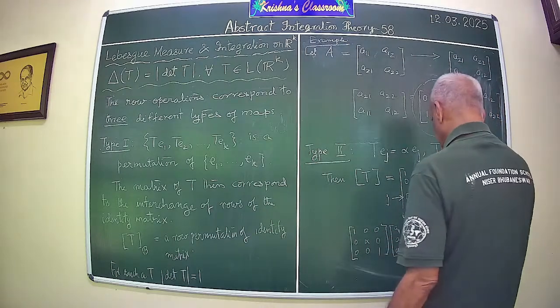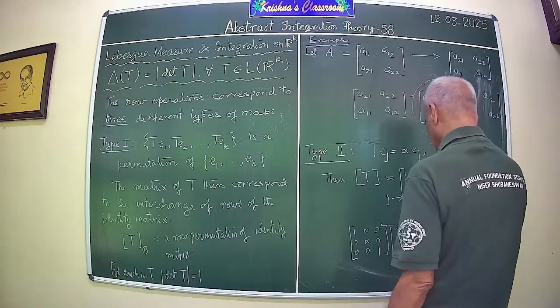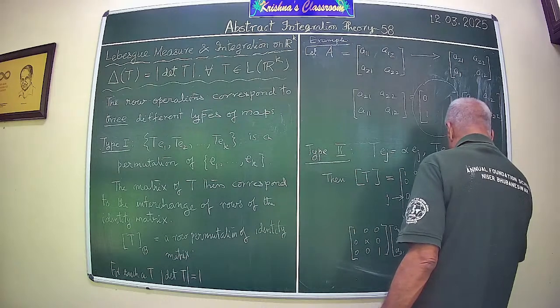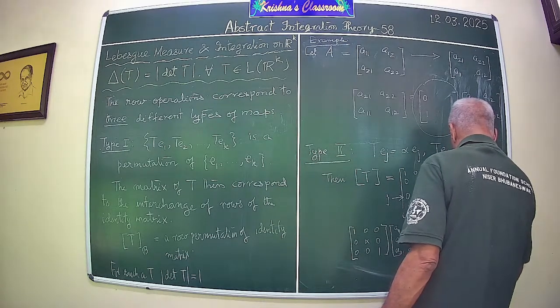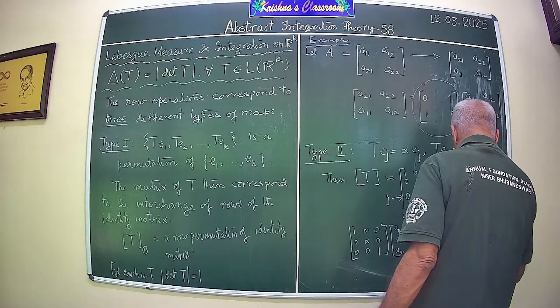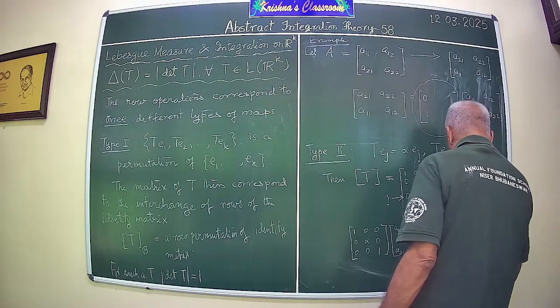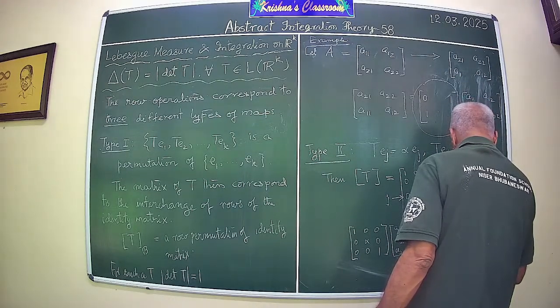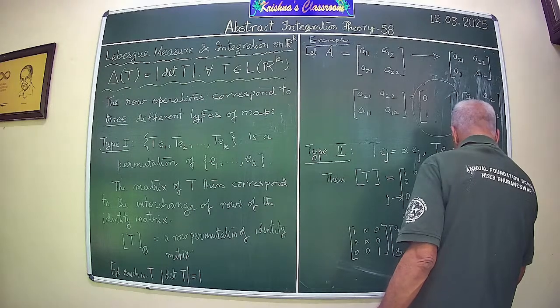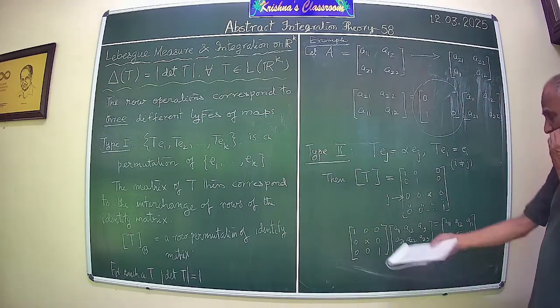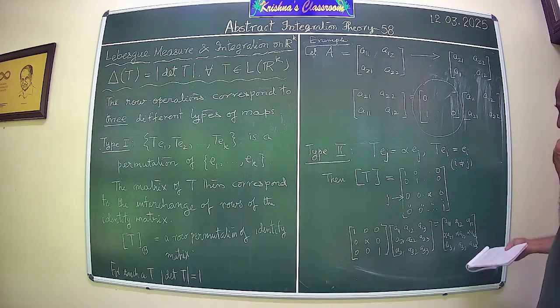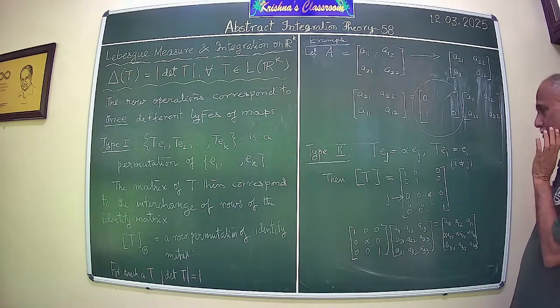Now what happens to this? Multiplication would give you alpha times A21, alpha times A22, alpha times A23 and A31, A32, A33. So what is happening? The second row is now multiplied by alpha. That is the effect of this transformation. Okay.